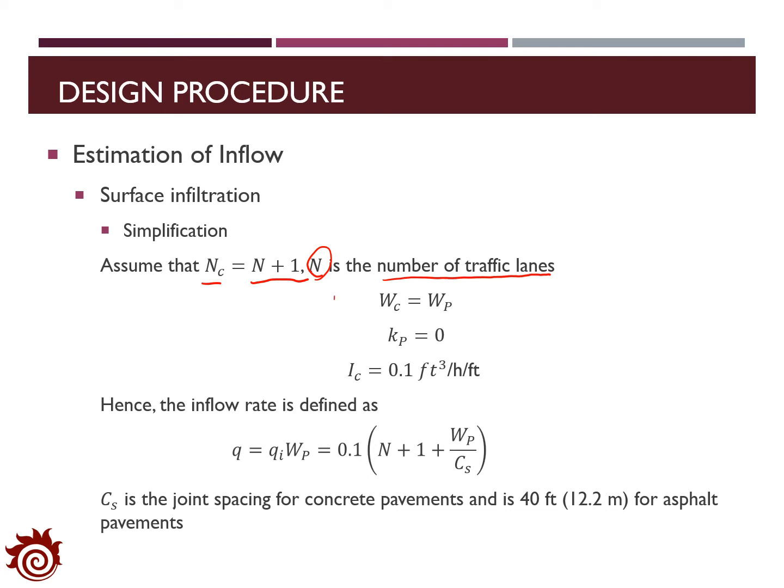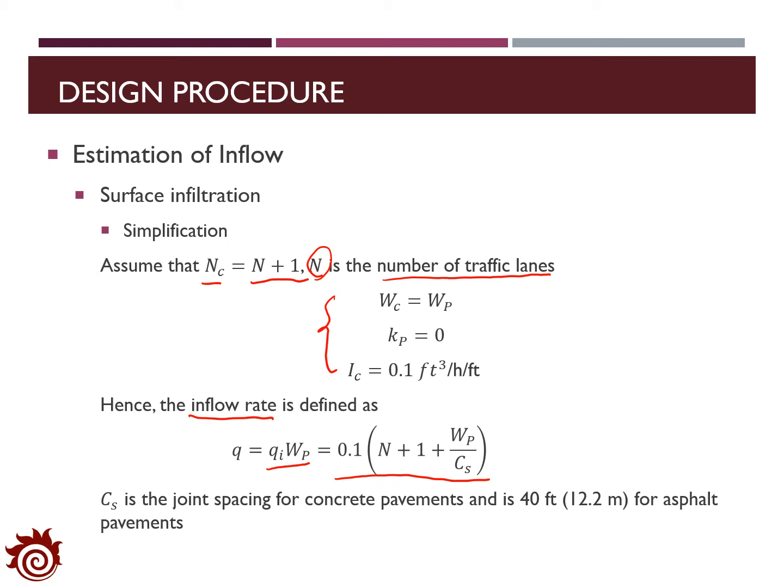Also, we can set Wc equal to Wp, Kp equal to 0, and Ic, the infiltration rate of the cracks, as 0.1 feet cubed per hour per foot. With that, we can define the inflow rate as Q equals Qi times Wp. That is 0.1 times (n plus 1 plus Wp over Cs).